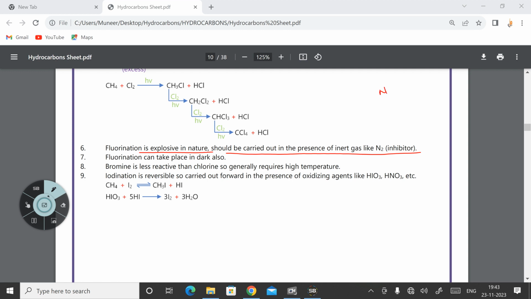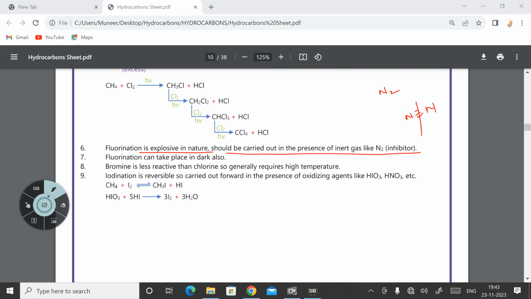Nitrogen is less reactive. Why? Nitrogen behaves like the inert gases helium, neon, argon, krypton, xenon. Why? Due to the presence of a triple bond between the two atoms, more energy is required to break these bonds.